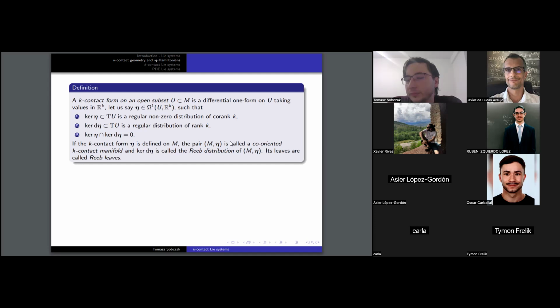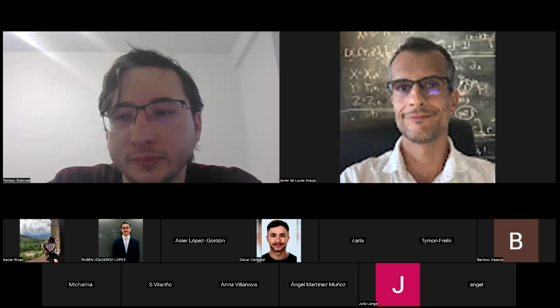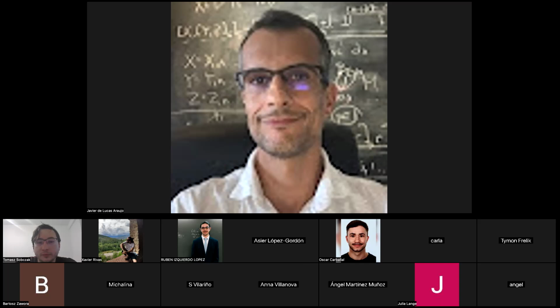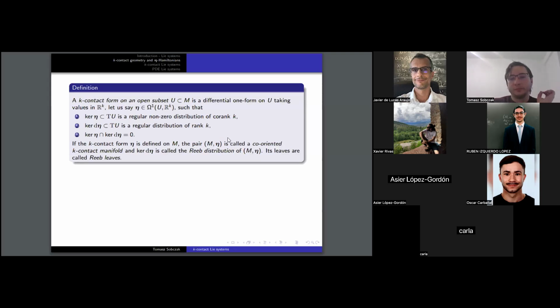So to avoid that and ensure a one-contact form reproduces exactly what a contact manifold is, you have to explicitly eliminate the possibility of the kernel of eta being equal to 0. So it's just a technical issue, to ensure that a one-contact form is always a contact form, and exclude this particular case. There are some nuances and technical mistakes in the literature related to it, but although it's wrong, it's not a big deal.